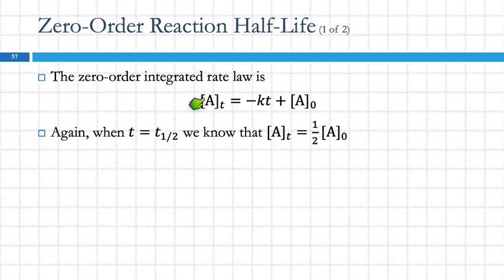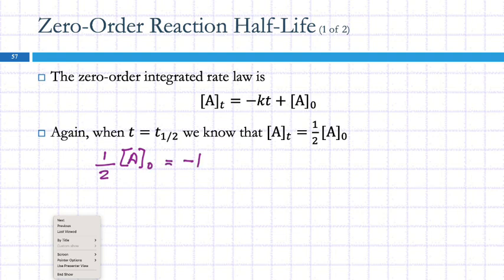Again, we take our integrated rate law, and we plug in T1/2 and 1/2 A0 for At. So we get 1/2 A0 is equal to negative K T1/2 plus A0. It's just going to stay there.